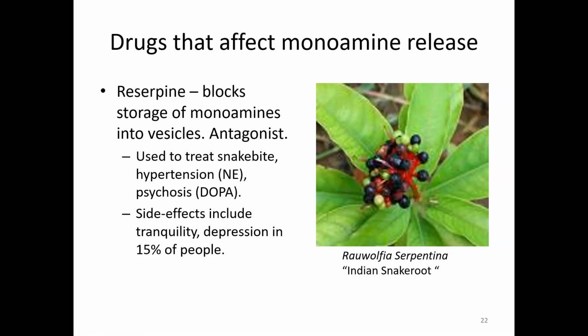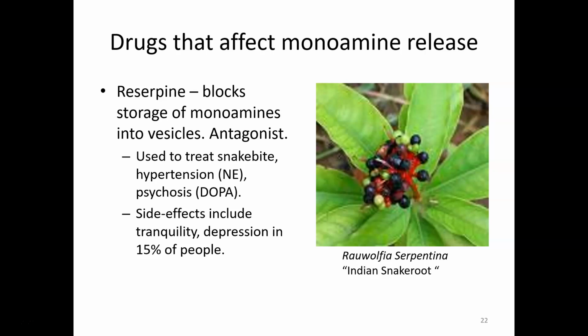It's also used to treat hypertension, which can happen because of overactive norepinephrine, or psychosis, which is due to overactive dopamine. Reserpine basically prevents monoamines from being released by blocking their storage into vesicles. So reserpine inhibits norepinephrine release, it inhibits dopamine release, and it inhibits serotonin.